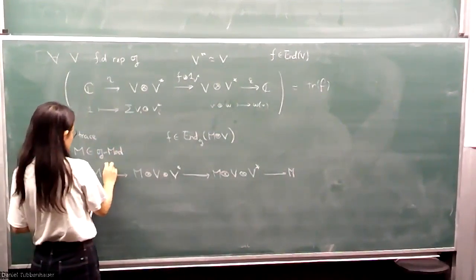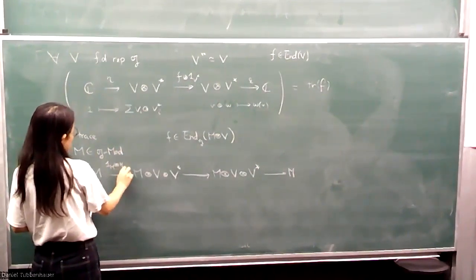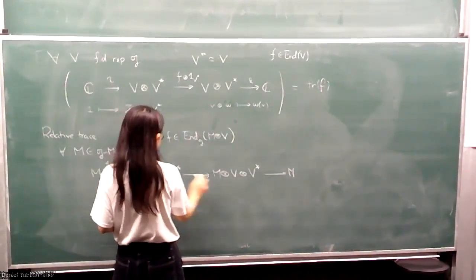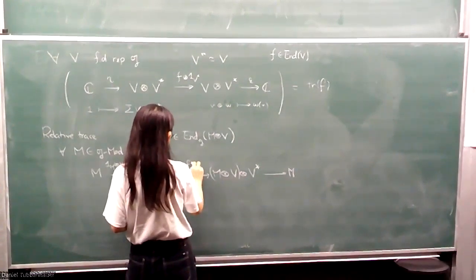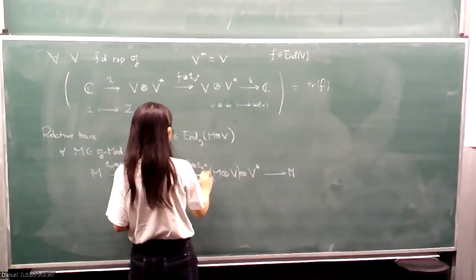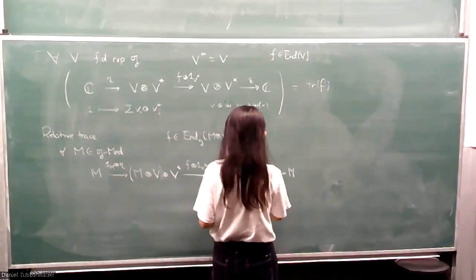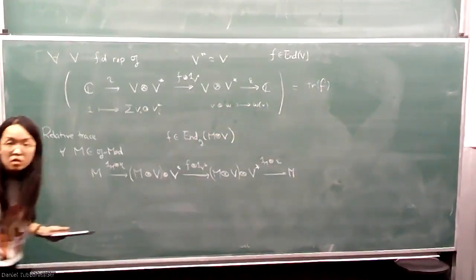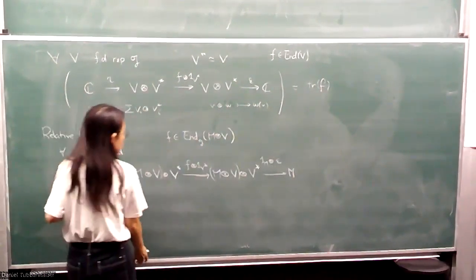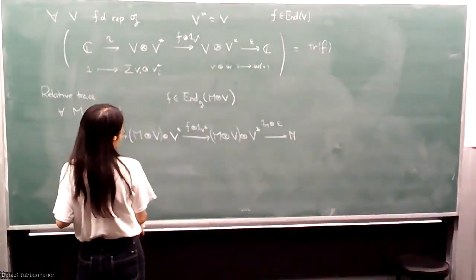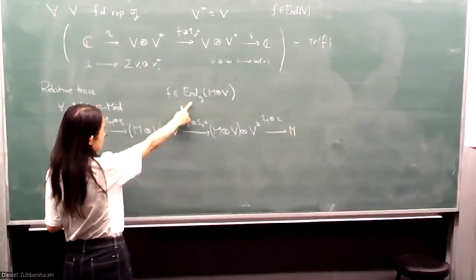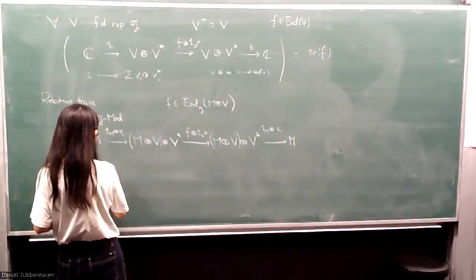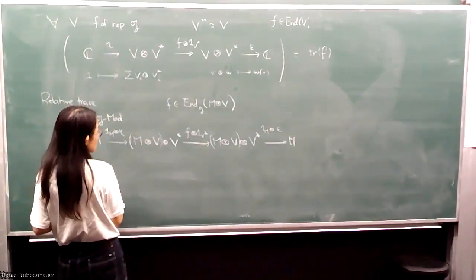I just put in one M, the same as eta, and here we put M on the first two vectors, and then tensor, and at the end you do M. What this produces is, you start from an endomorphism of M tensor B, and you get an endomorphism of M. We call it the relative trace with respect to B.